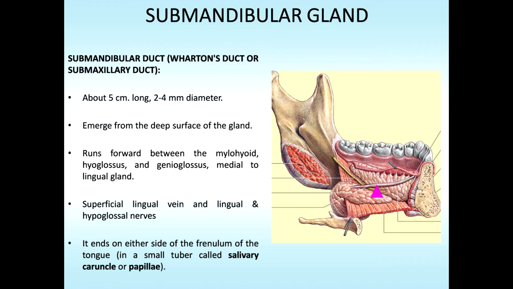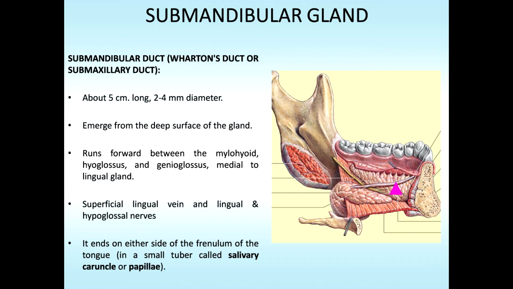It is going to originate from two main collectors from the medial or deep side of the gland. From its origin, it is going to orientate in an oblique trajectory in an anterior and medial direction. It is going to get together with the lingual vein, the lingual nerve, and the hypoglossal nerve too.